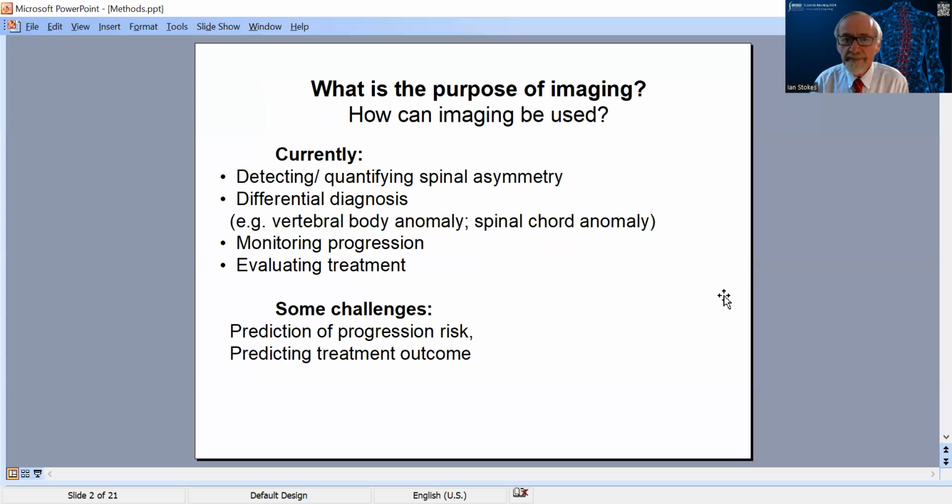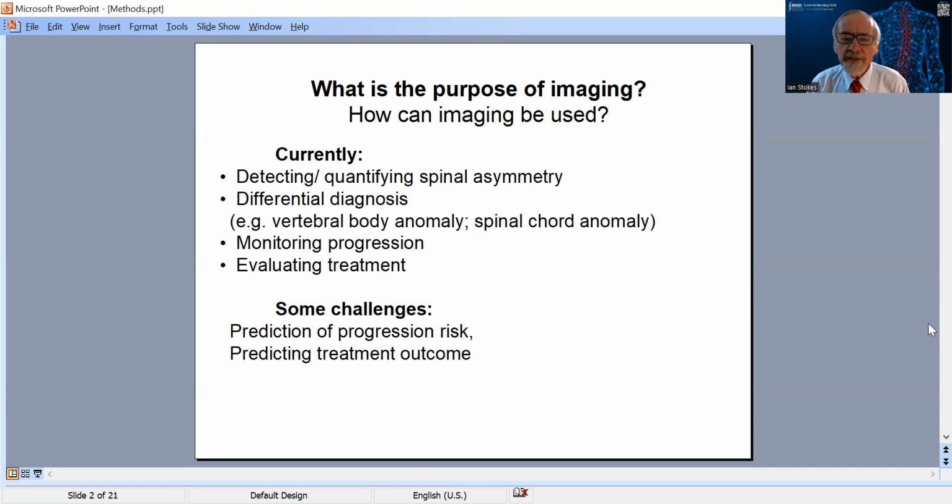So first, we should ask, what is the purpose of imaging? How can imaging be used? It's currently used for detecting and quantifying spinal asymmetry. It's used in differential diagnosis, for instance, in finding vertebral spinal cord anomalies, other possible causes of the asymmetry, monitoring progression of detected curves, and evaluating treatment.